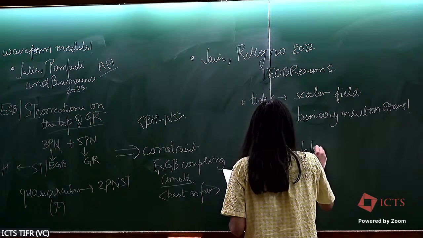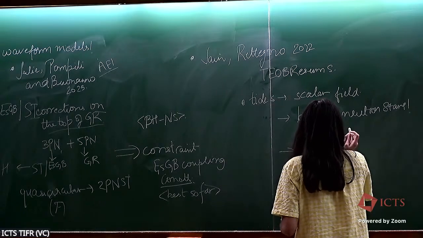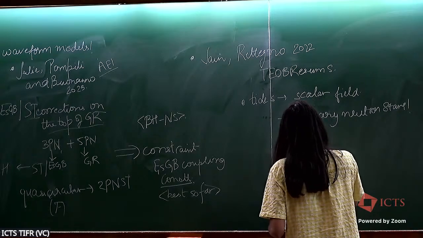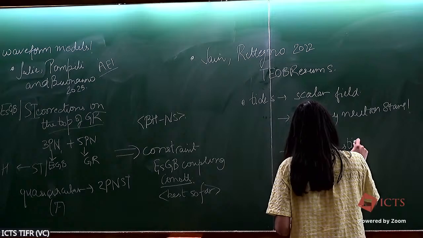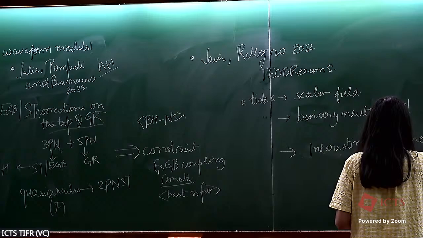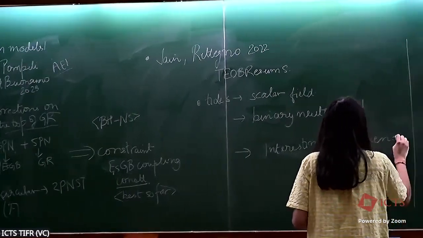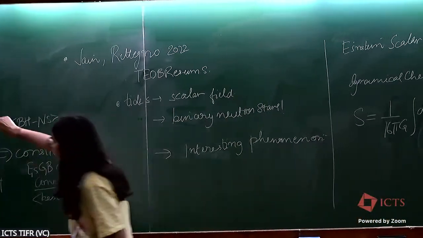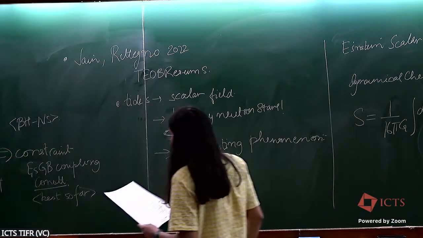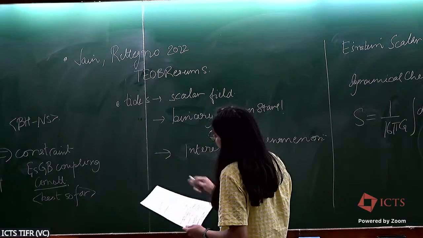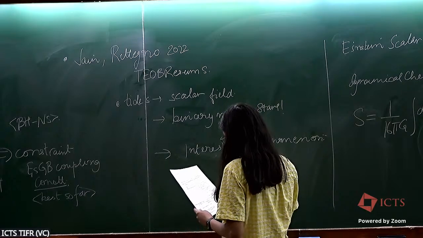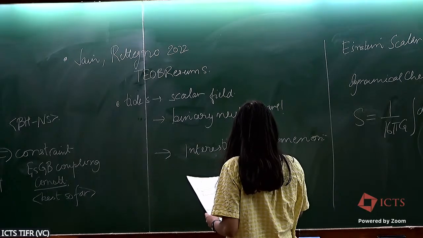We might expect other interesting phenomena where this beyond GR being small compared to GR is not valid anymore. One such thing in ESGB or scalar tensor kind of theories is spontaneous scalarization.